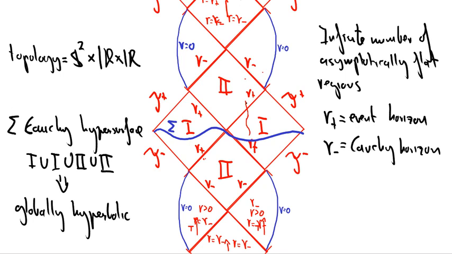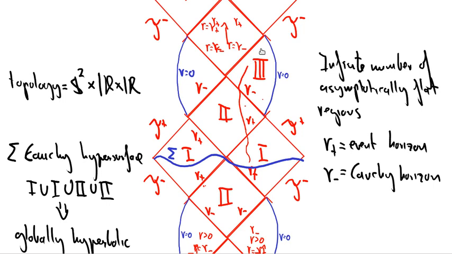An observer which enters region 2 and leaves through the Cauchy horizon finds himself in a region which we will call region 3, which contains a singularity. But unlike in the Schwarzschild case, the singularity is now a time-like set, so the observer can avoid the singularity.